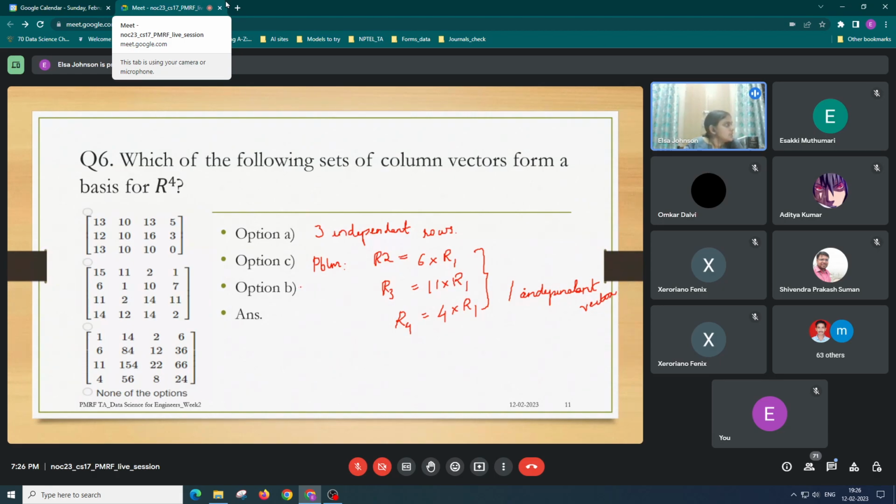I'm not seeing any answers. Everyone, can you tell me about option B? Can you form a basis?